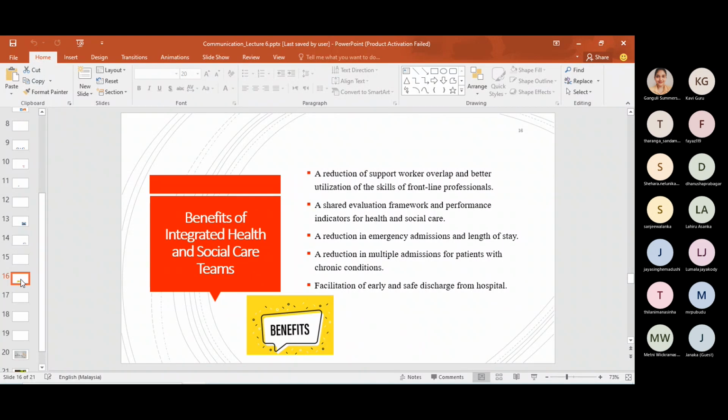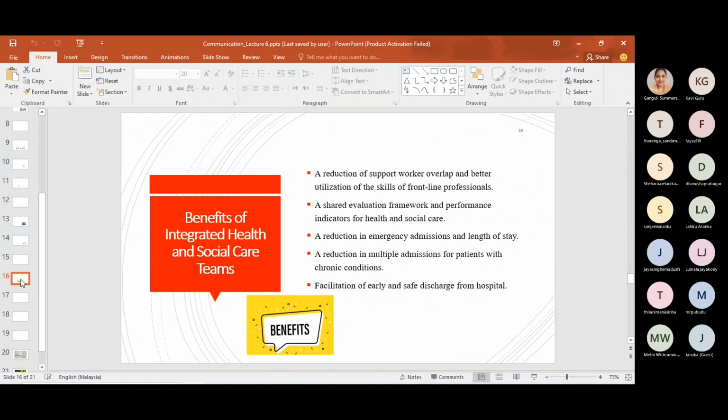For example, you can come up with a contract where you say our hospital will take 50% of the emergency admissions and you will take 50%. So that one hospital doesn't have to carry all the stress of the emergency admissions, because emergency admissions are crucial cases, right?